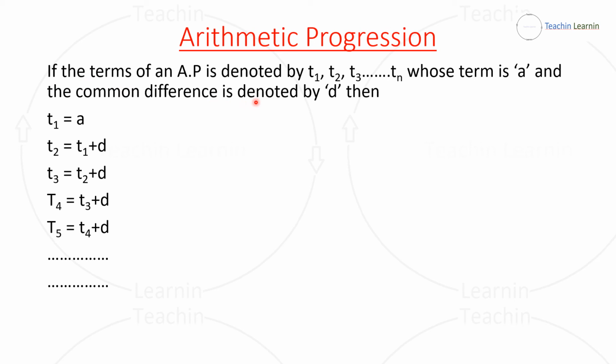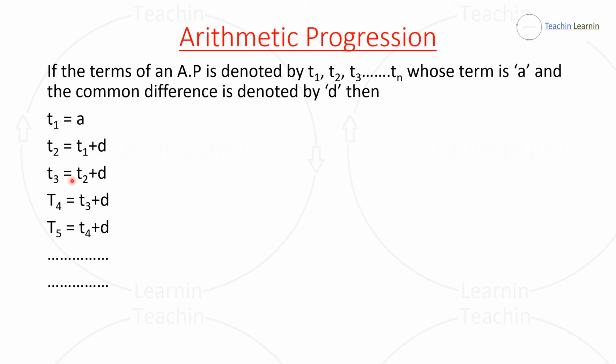Now, arithmetic progression. If the terms of an AP are denoted by T1, T2, T3 and Tn, whose first term is A and the common difference is denoted by D, then the first term will be A, and the second term you can get by adding D to the first term.